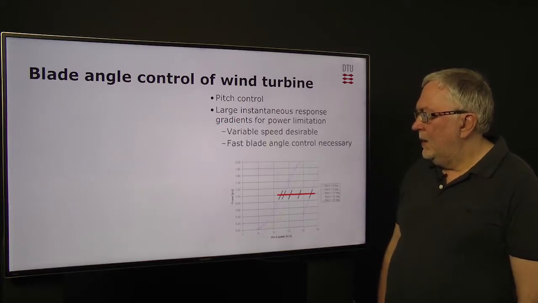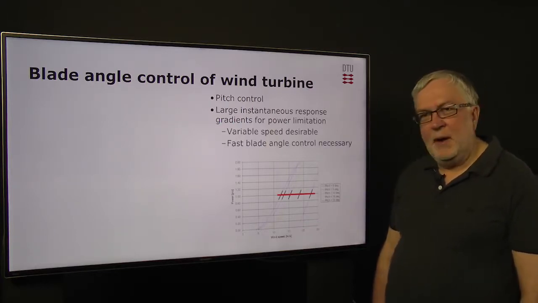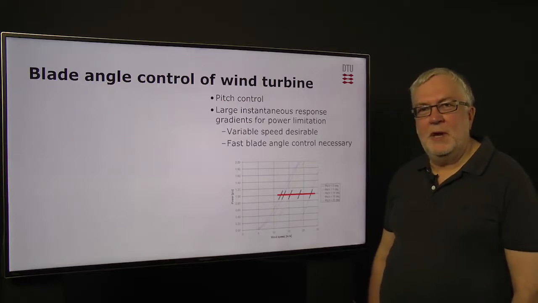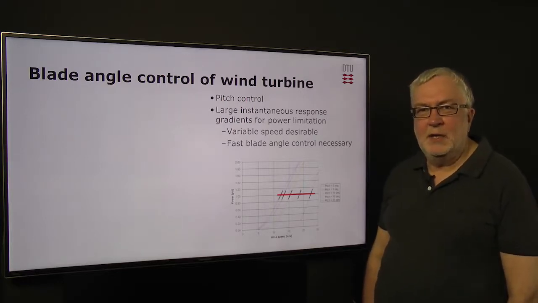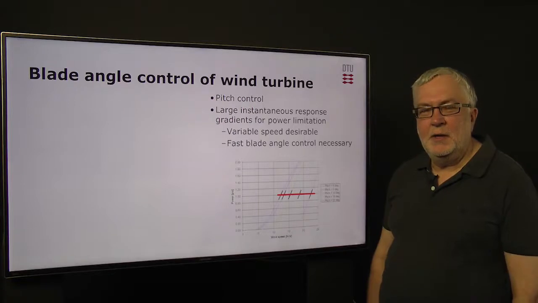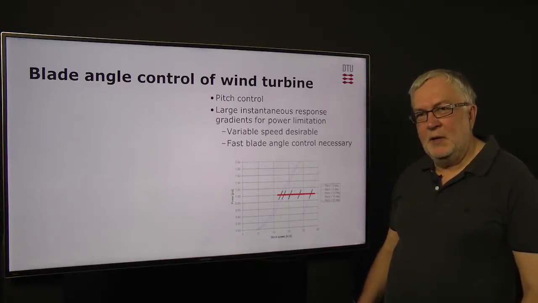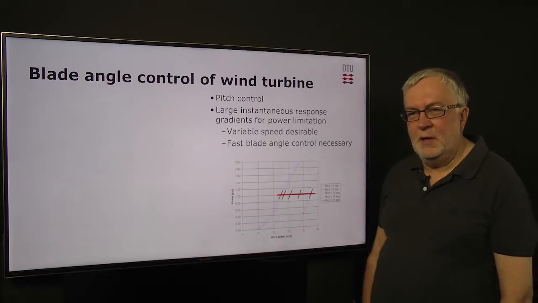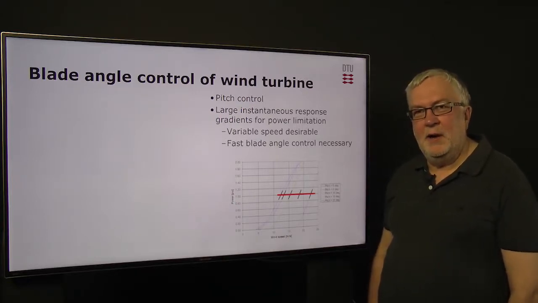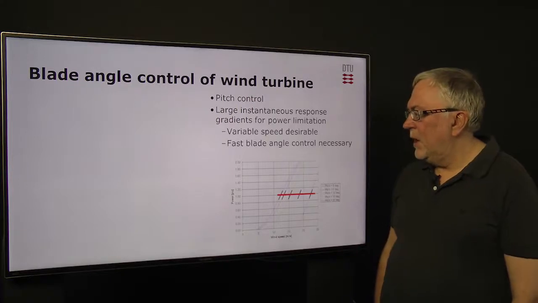The way this is handled is first by having a fast pitch control that is necessary, but in the first place it is handled by having variable speed, so that the additional aerodynamic power is accumulated into or converted into kinetic energy and thereby not really transmitted through the drivetrain.